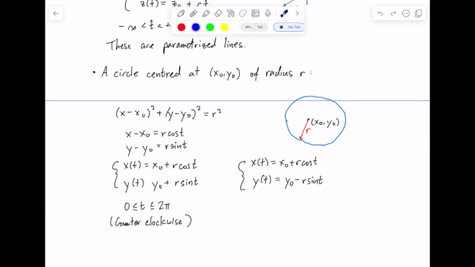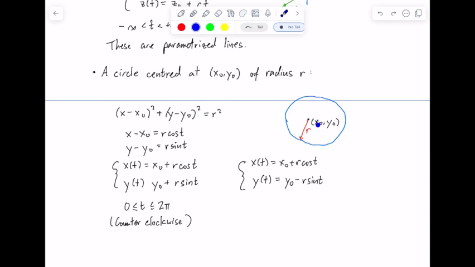This becomes x naught still, y is going to become y naught. At t, let's say, is equal to pi over 2, this is at x naught, and this is at y naught minus r times 1.